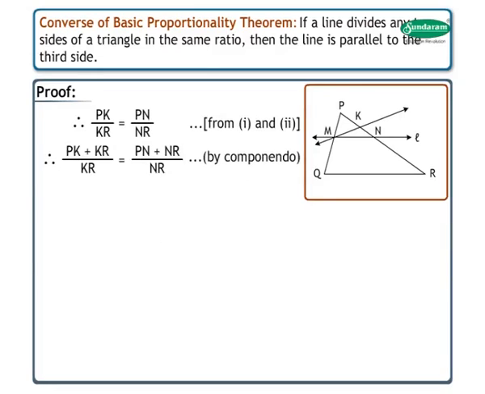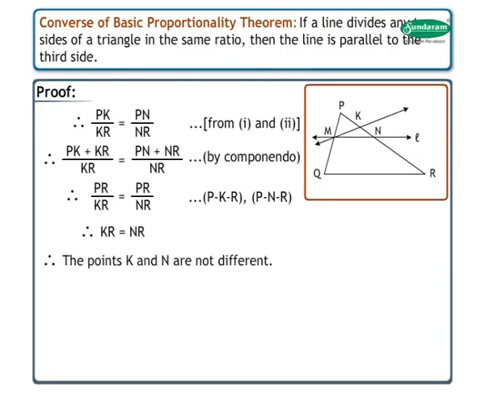Therefore, by applying property of componendo on them, we get PK plus KR upon KR is equal to PN plus NR upon NR. Therefore, PR upon KR is equal to PR upon NR, as P-K-R and P-N-R are collinear. Therefore, KR is equal to NR.